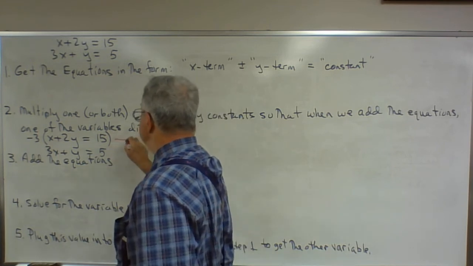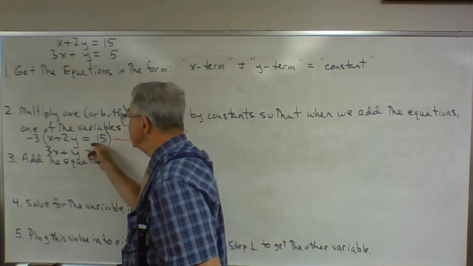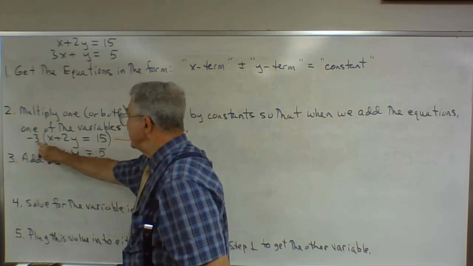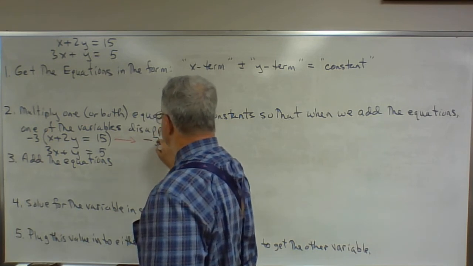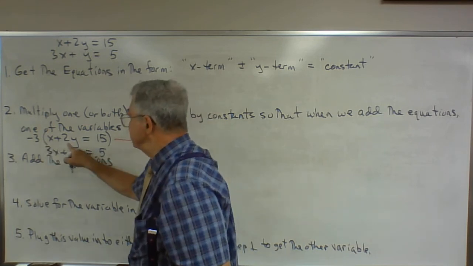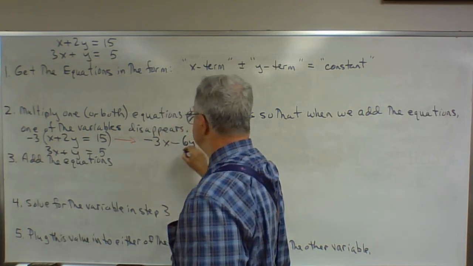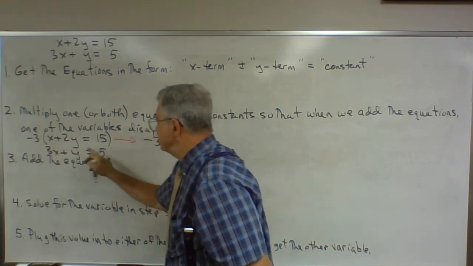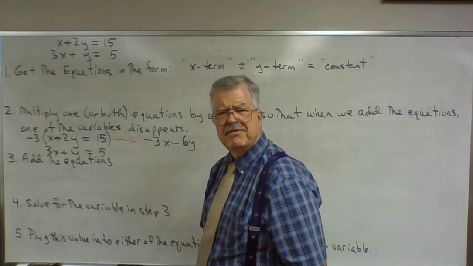The first equation, if I multiply both sides by negative 3, I get negative 3x. Negative 3 times 2y is negative 6y. And negative 3 times 15 is negative 45.